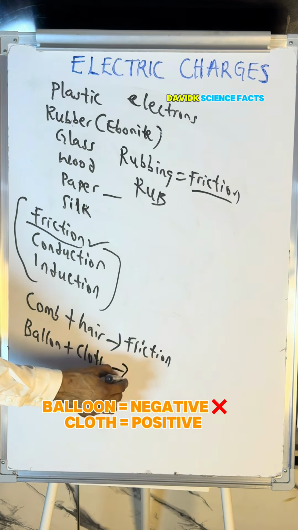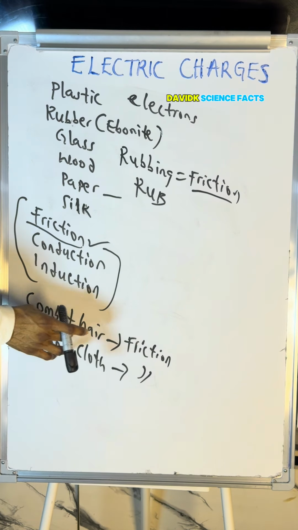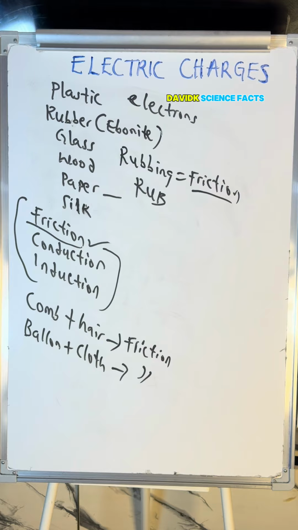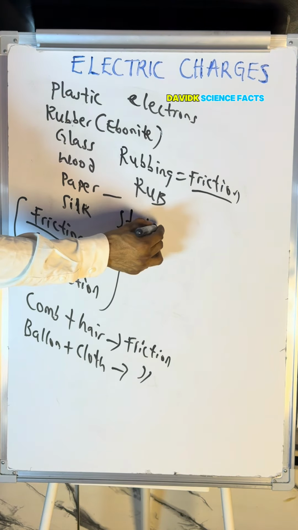This is also an example of friction. Friction here means rubbing two materials together so that electrons move from one material to the other. That movement of electrons is what produces static electricity.